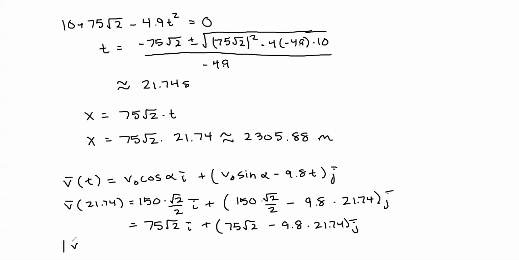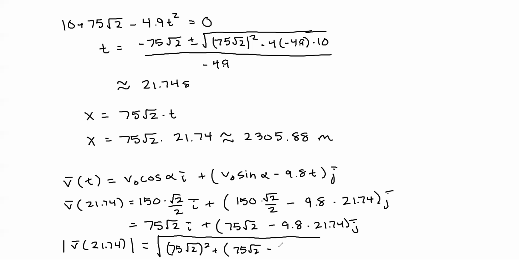You can do that by finding the length. The length is the square root of 75 root 2 squared plus 75 root 2 minus 9.8 times 21.74 squared. If you punch that into a calculator, you get approximately 151.